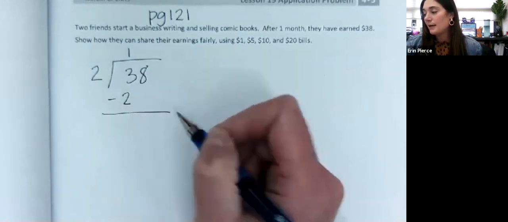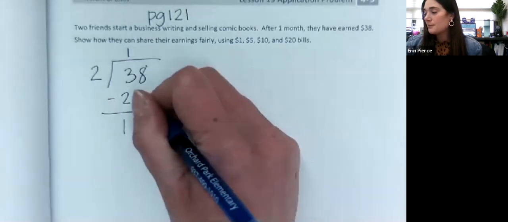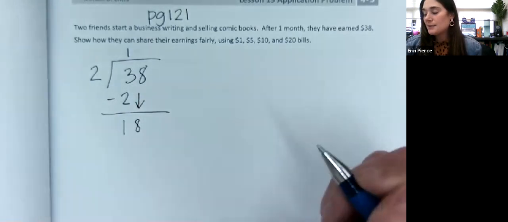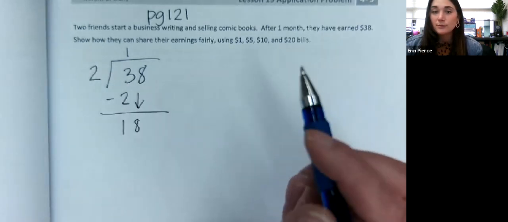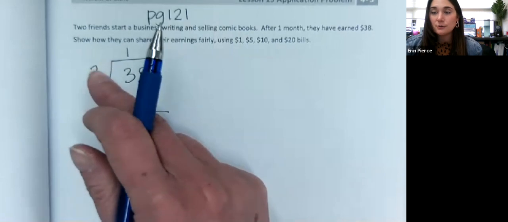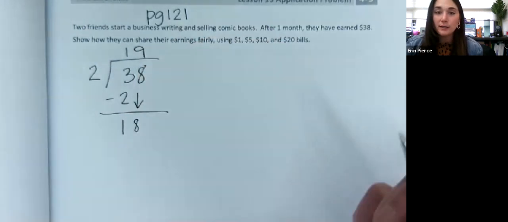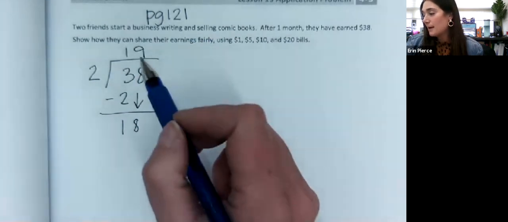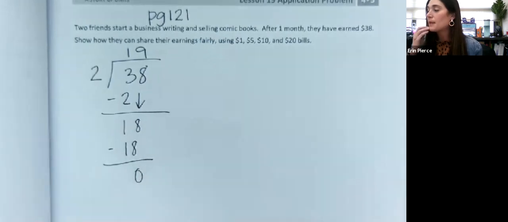I subtract, I get 1 remaining. 8 comes down. 18 divided by 2, I get 9 in each group. 2 times 9 is 18. I subtract, I have 0.